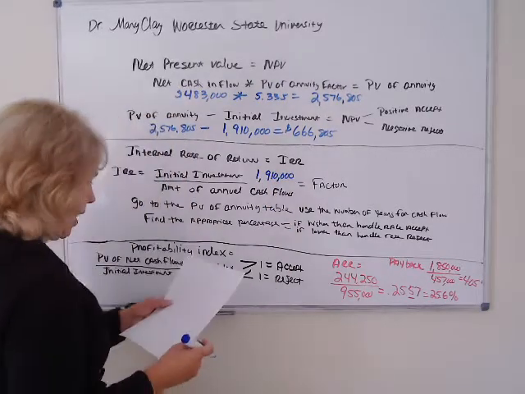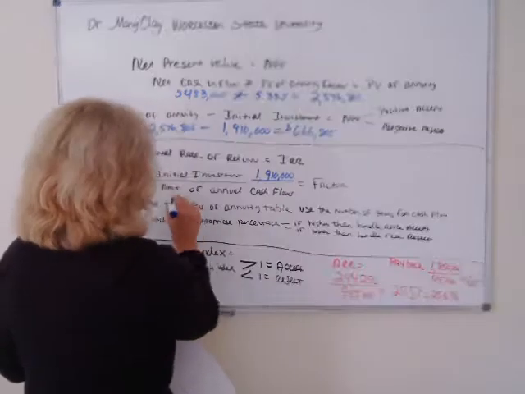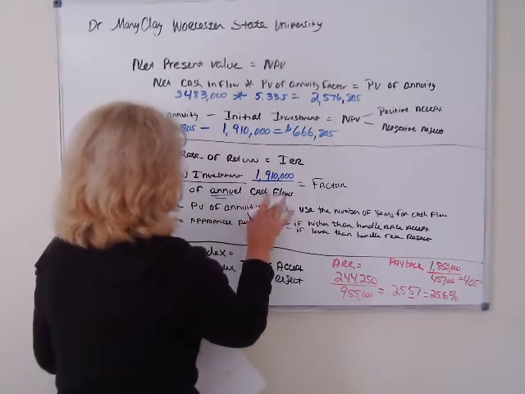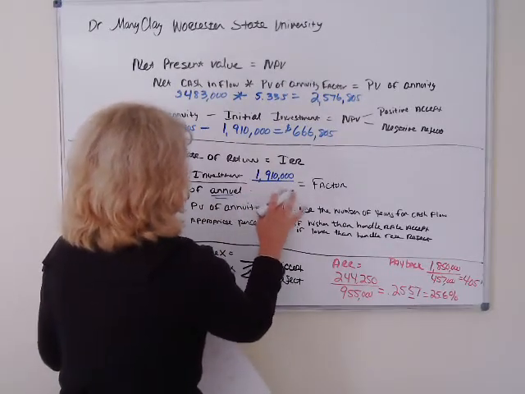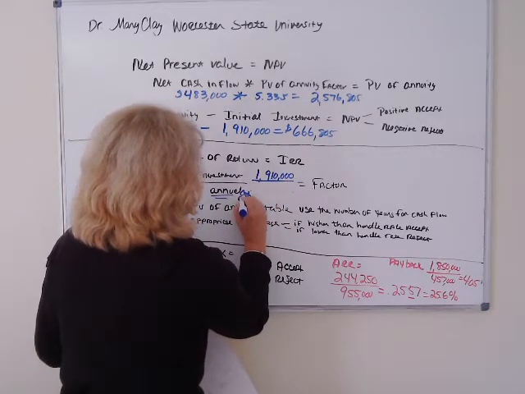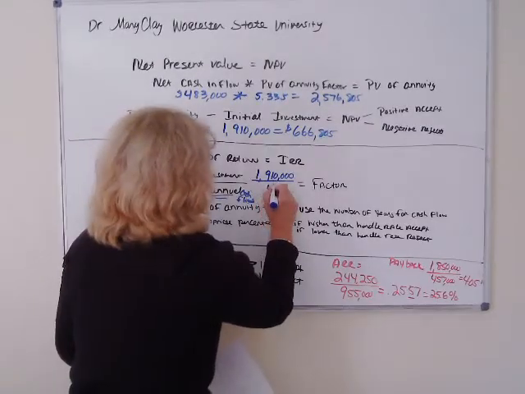Okay, and then I'm going to divide that by the annual amount of the cash flows. So the annual cash flow is 483,000.